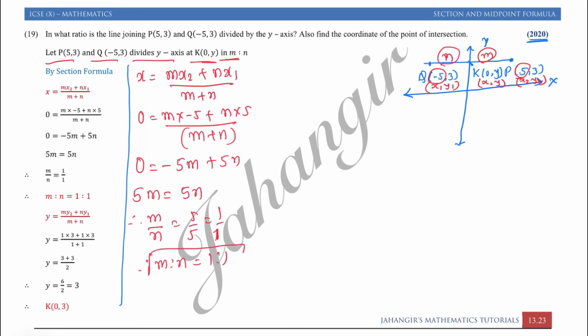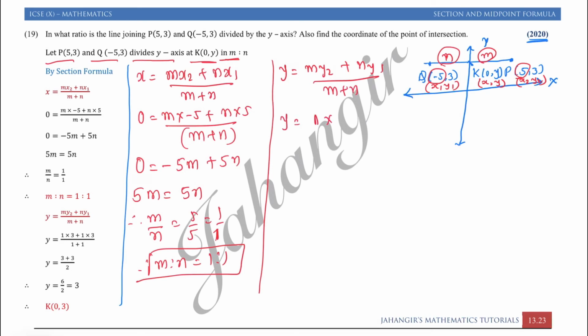That means the point of intersection is the midpoint. Okay, once you know this, you can find, since we are doing the section formula for y also, I will use the section formula. So y is equal to my2 plus ny1 upon m plus n. So y is equal to m value is 1 into 3 plus n value is 1 into again 3, because y1 and y2 is 3, upon m plus n, that is 1 plus 1.